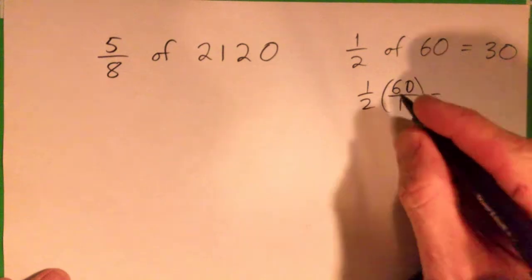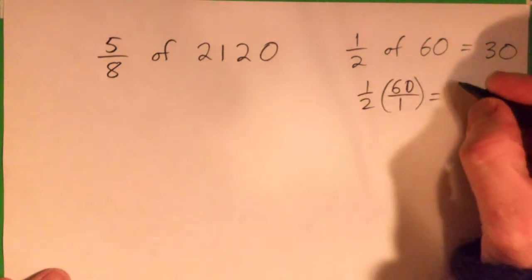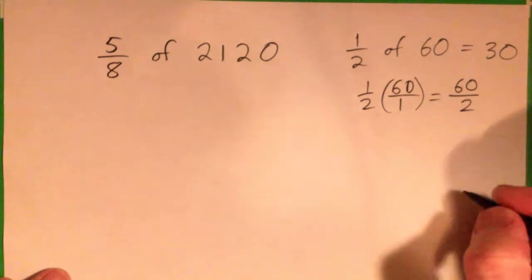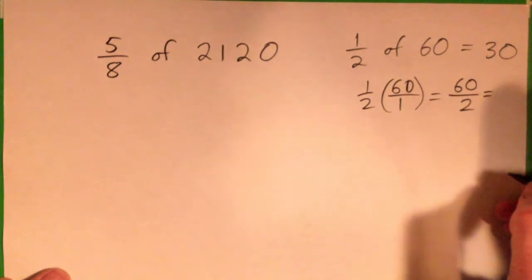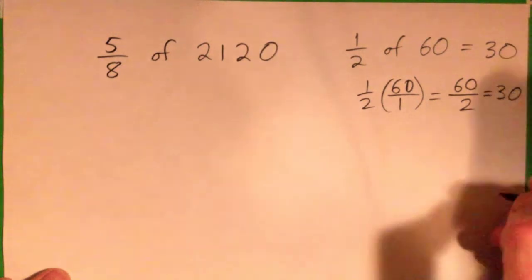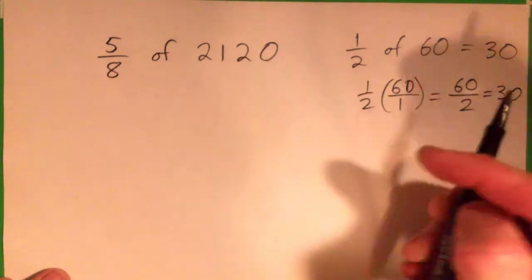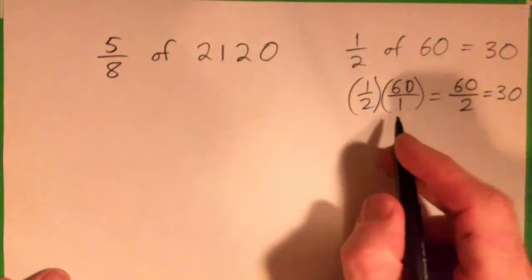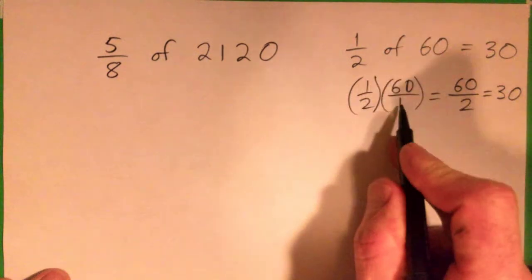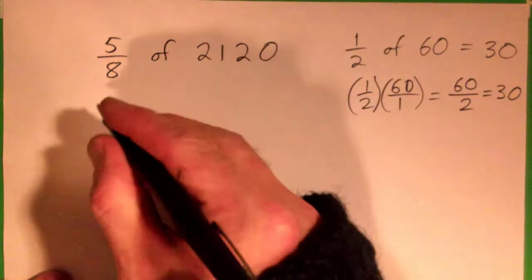And if you went 1/2 times 60 over 1, it becomes 60 over 2, which is just 30, right? So getting 1/2 of 60 means taking the half and multiplying it by 60 over 1. That's what I'm trying to get at. Does that make sense?